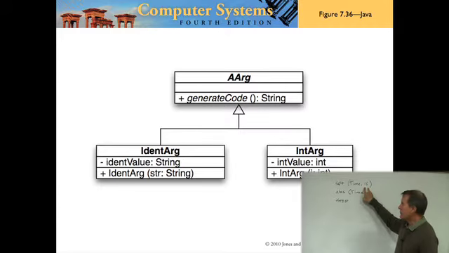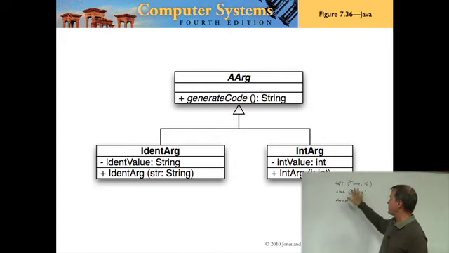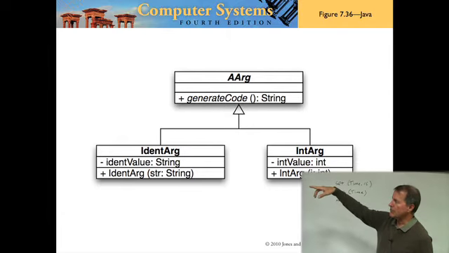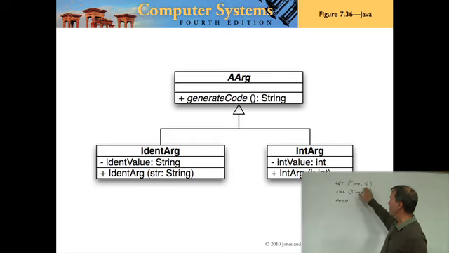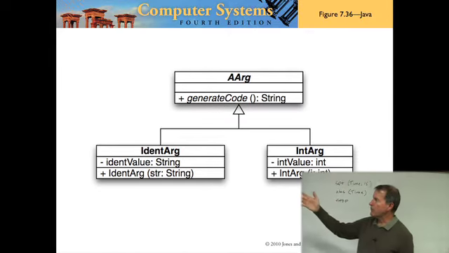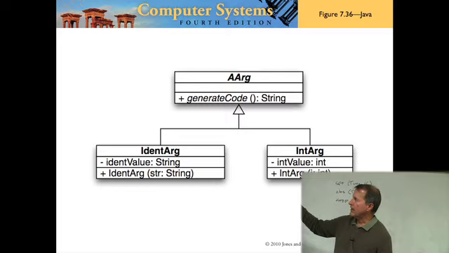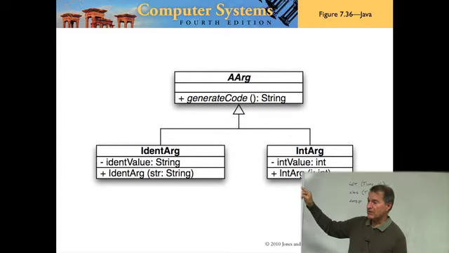So, using our standard technique of polymorphic dispatch, what we're going to have is an abstract argument, and that abstract argument is going to have two concrete arguments, an identifier argument and an integer argument. And we can see here from the UML diagram that the one thing that each one of these arguments does is have a method that's called what? Generate code. And that generate code returns what type? String.